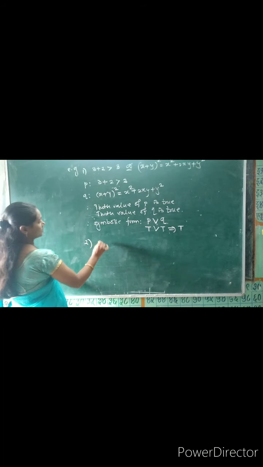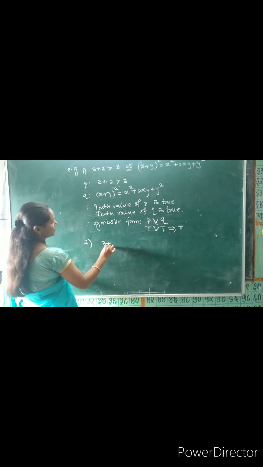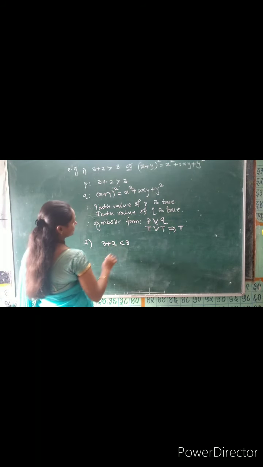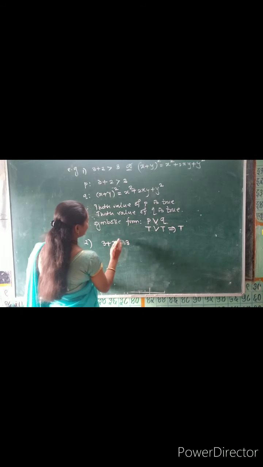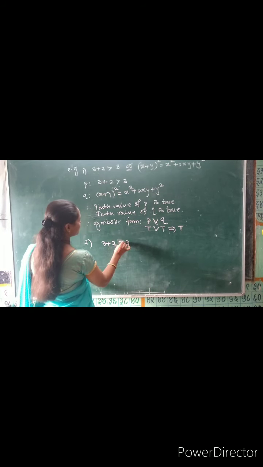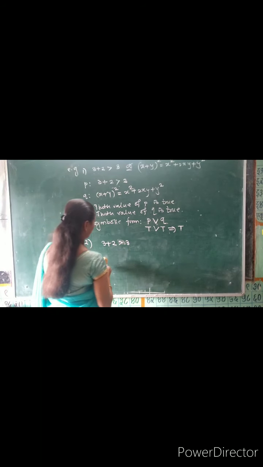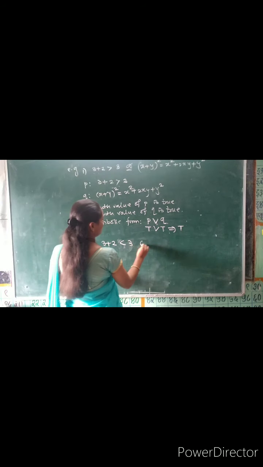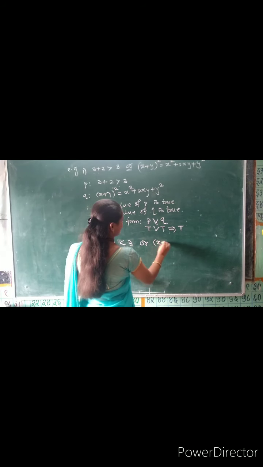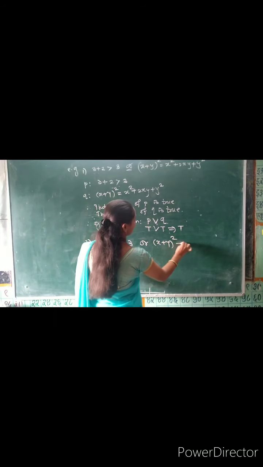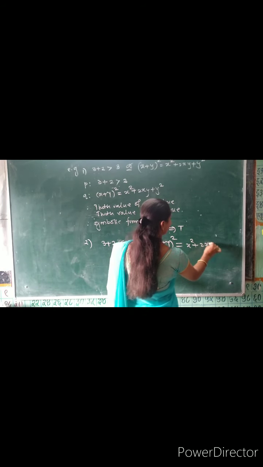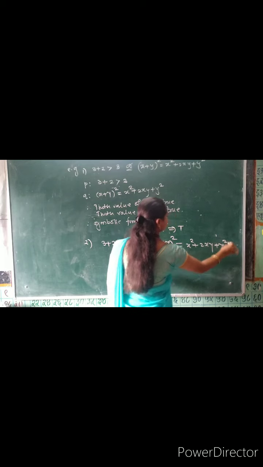Second example: 3 plus 2 is less than 3, or (x plus y) square is equal to x square plus 2xy plus y square.